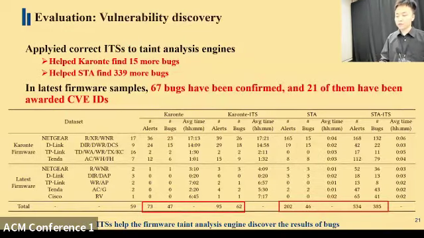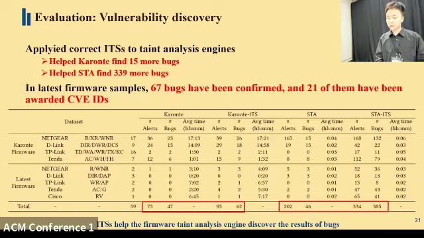We applied FINS to two taint analysis engines, Coyote and STA, to demonstrate how intermediate sources help improve the vulnerability discovery capability. Coyote performs taint analysis based on symbolic execution technology. After adding intermediate taint sources, Coyote discovered 15 more bugs.